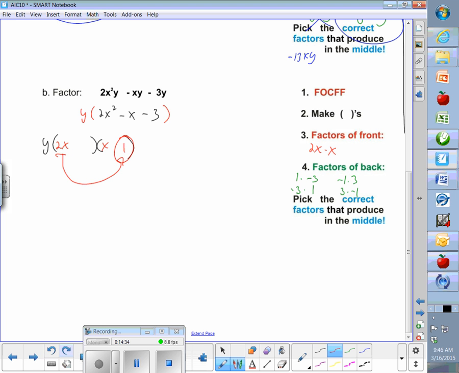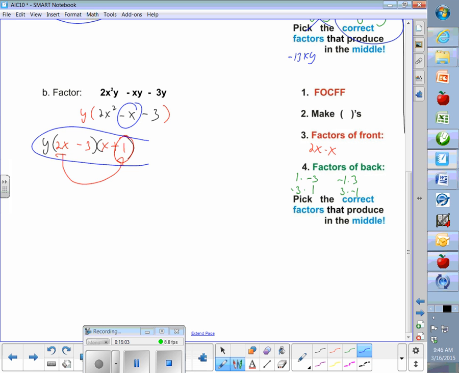What if I put the 1 there? If I put the 1 there, now I have 2. What's my other number? A 3. Can a 2 and a 3 end up to be a negative 1? Yes. And my brain says, you know what? When the 3 is negative, that'll give me 3 negatives and 2 positives, and that'll give me the middle of negative 1. And that's how I do them.